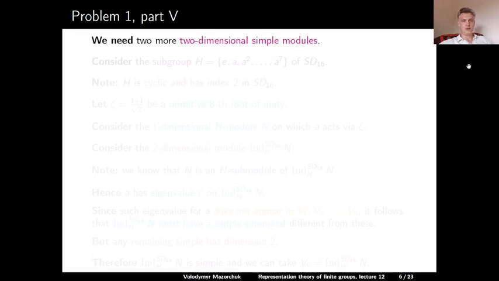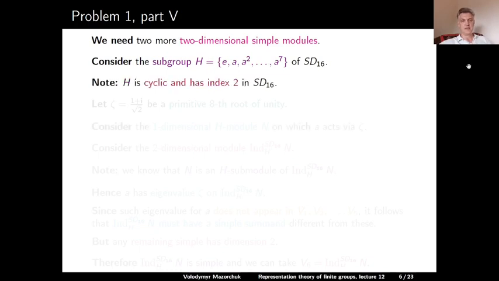We need 2 more. In order to construct them, we will use induction. Consider the subgroup H of SD16, which consists of all powers of A. It is a cyclic group of order 8, and it has index 2 in SD16.